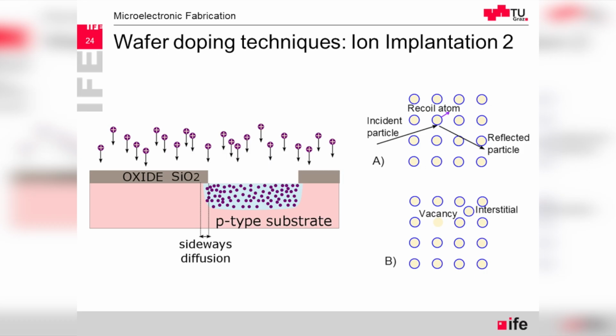So in order to recover the original shape, what is being done is high temperature annealing after ion implantation, where after that process, most of the atoms find back their position in the crystal structure.